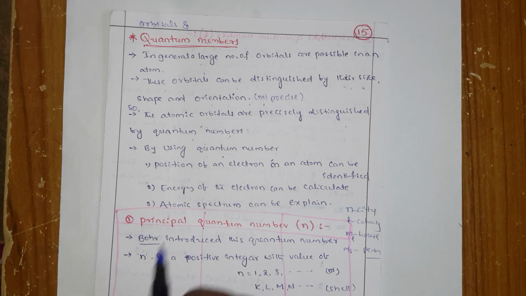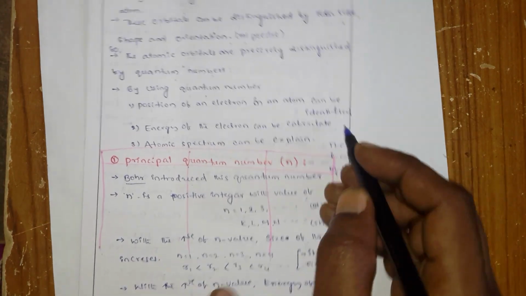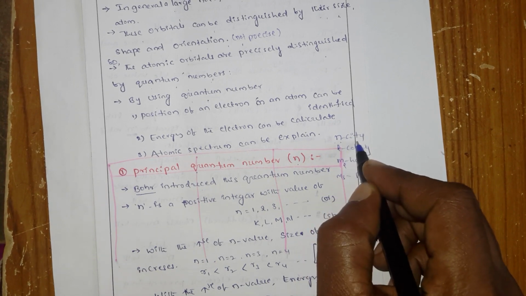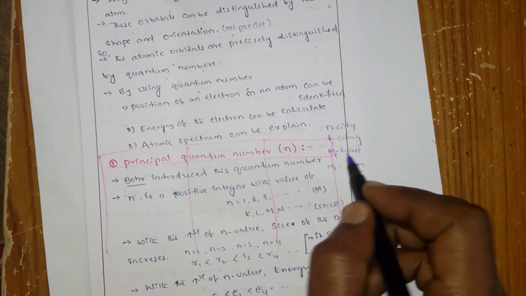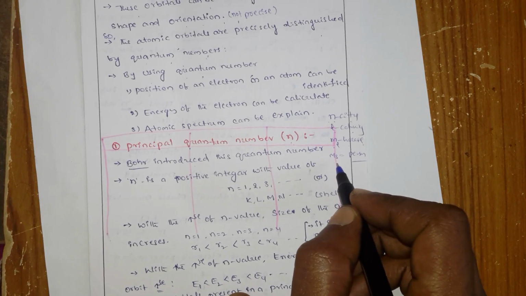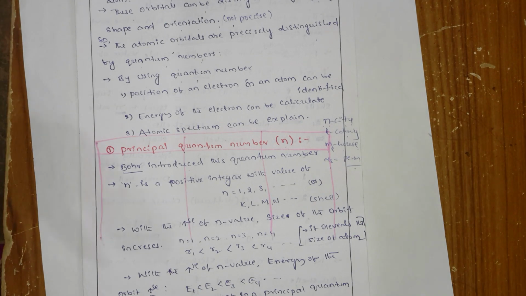These four are used to distinguish the orbitals. Assume the principal quantum number n is your city, the azimuthal quantum number is your colony, the magnetic quantum number is your house, and the spin quantum number is the person, maybe you or your father. That is nothing but your address.